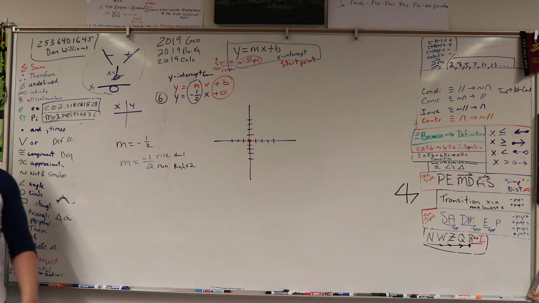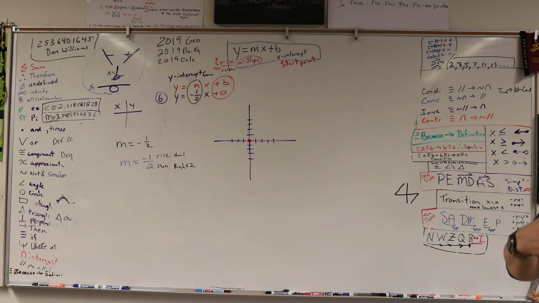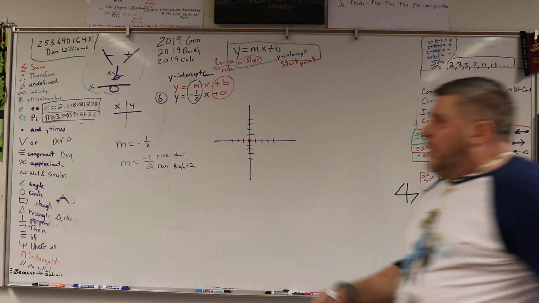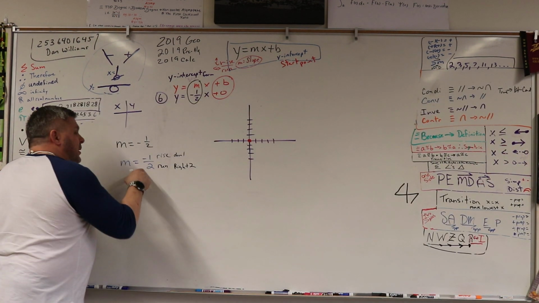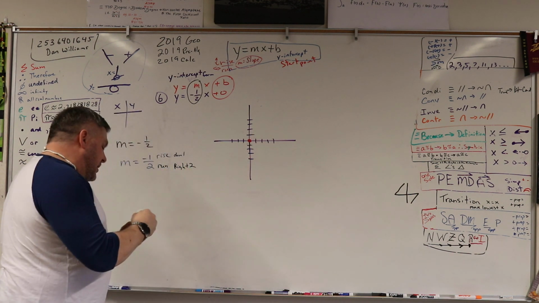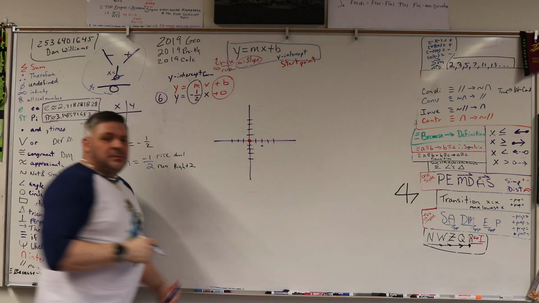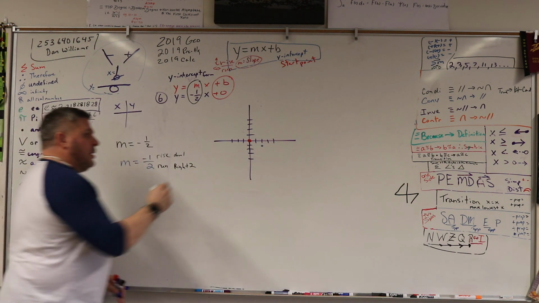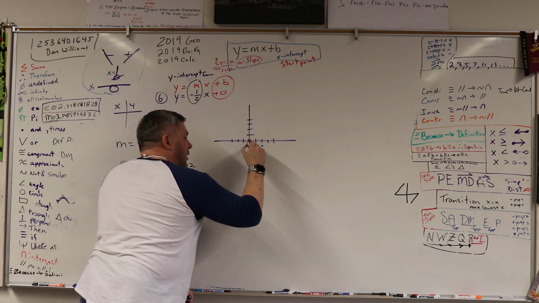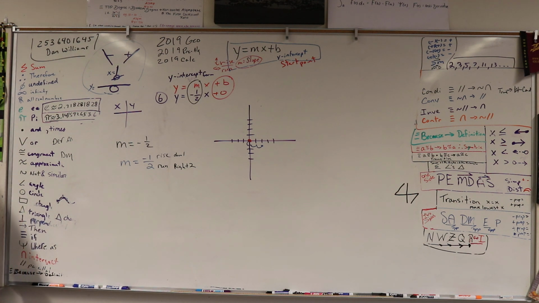Because we're going to talk about parent functions later on. Okay? And they're going to be moving up, down, left, right. Okay? But right now, I'm going to rise down 1, right? Down 1 and right 2. So that means I'm right here. You feel me? Down 1 and right 2. Does that make sense? Josh?